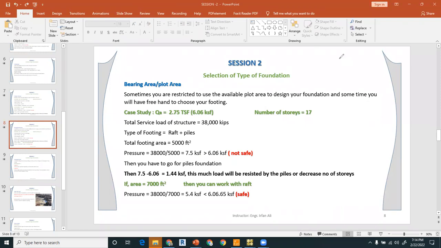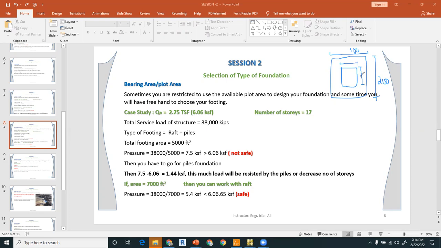For example, if this is the plot, right, and its dimensions are, for example, 100 feet, and these are, for example, 200 feet, and you have done your calculation for the raft using this much area, right?